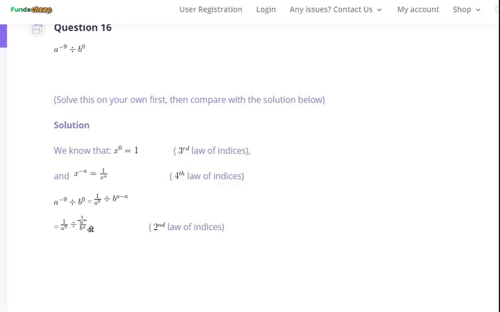So definitely this cancels out and gives us 1. Just like we said from the beginning, anything raised to the power 0 is 1.